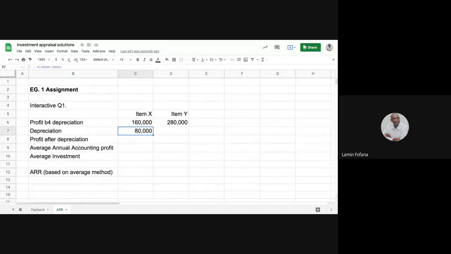So if it costs 100,000 and the scrap value will be 20,000, whatever remains is the amount that has been depreciated over the period, the accumulated depreciation. So the accumulated depreciation over the 5 years is 80,000. Simple. Okay, so what about for Y? Equipment Y?